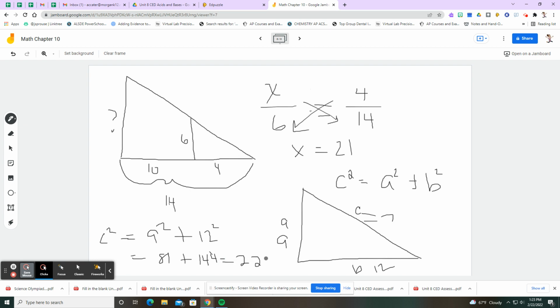And then that gives me c squared, but I would just want to know c. So in Pythagorean theorem, the last step you're always going to make is to take the square root of your c squared. So the square root of 225 equals 15.